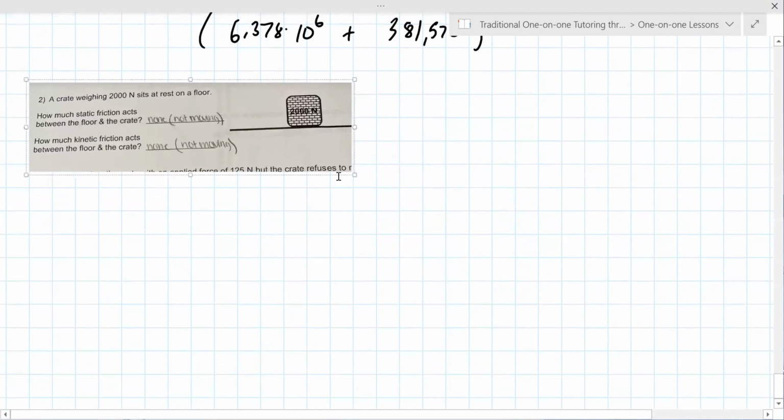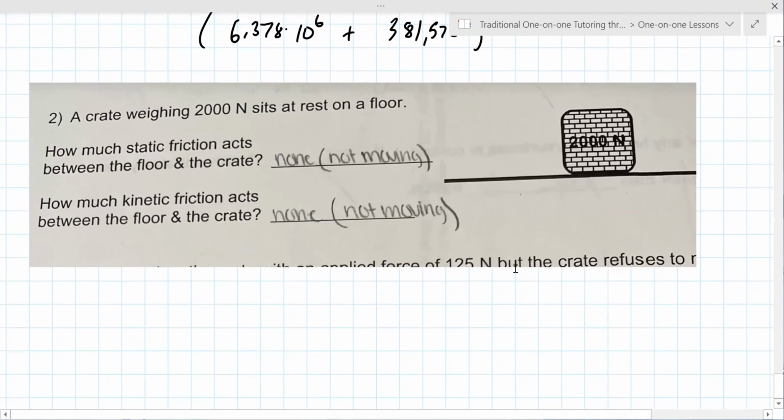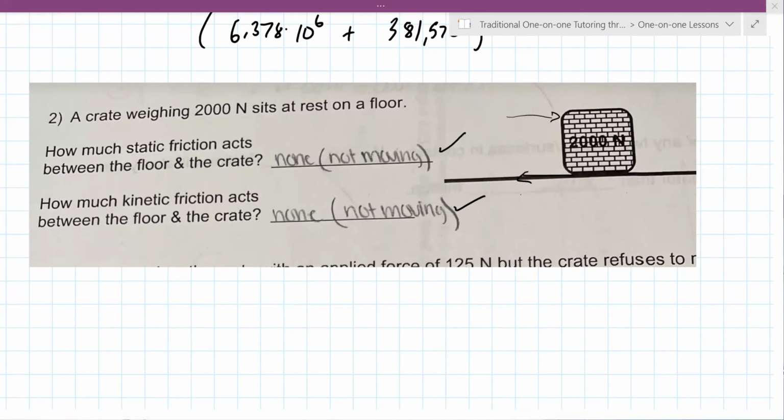Okay, so a crate weighing 2,000 newtons sits at rest on a floor, and it's not moving. The reason it's not moving is there's no force being applied to it. Since there's no force being applied to it, there's no equal and opposite force of friction, and that's why these are correct here. But if you start pushing, that's what's going on in the next scenario.